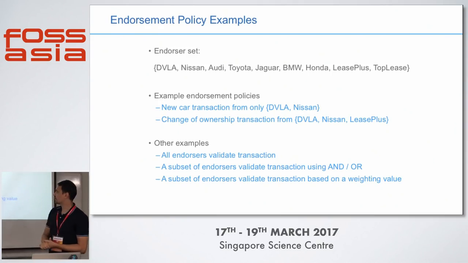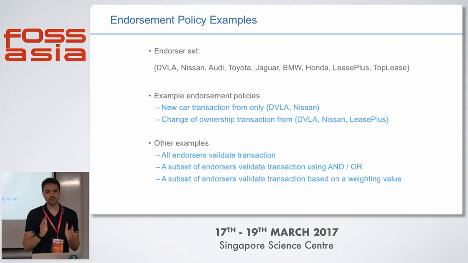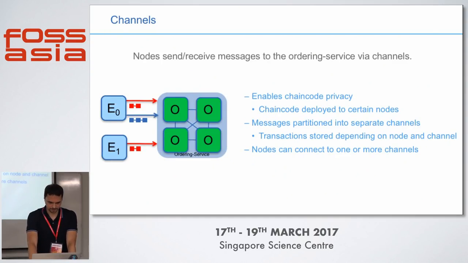A similar example is the change ownership transaction, where the car needs to be moved from the car manufacturer to the lease company, as well as approved by the regulator. So all of them need to agree first, and that's what we define in the policy. There can be and/or statements as well, so that allows us to create quite complicated rules in policies.